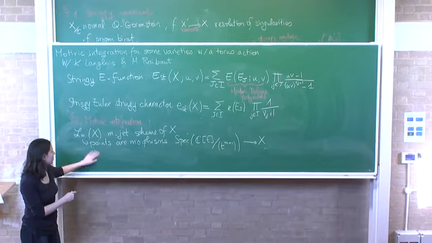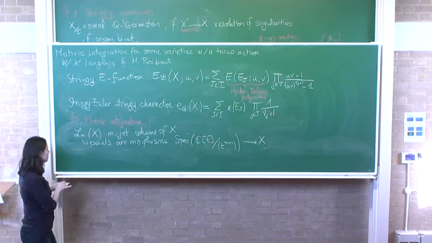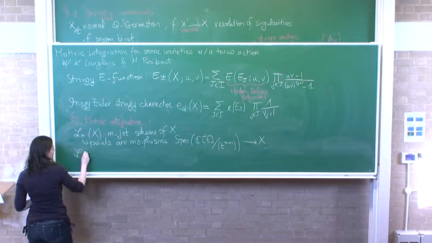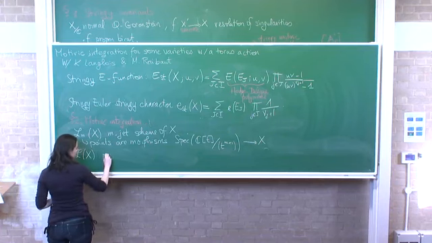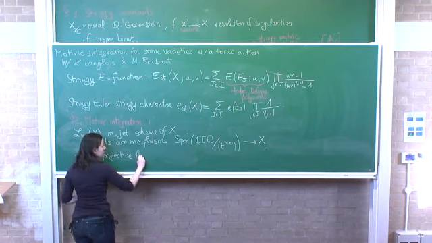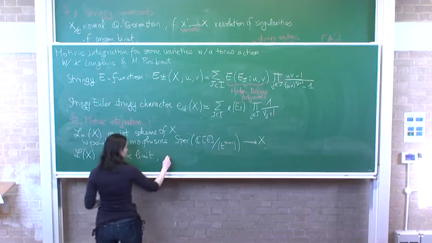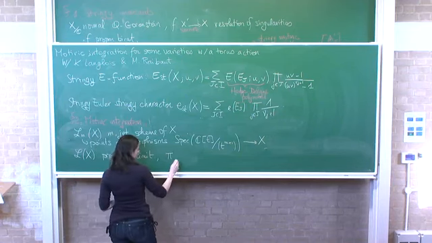So yeah, that's the jet scheme, and then we can define the arc space as the projective limit. And I'm going to introduce, for later use, some morphisms.